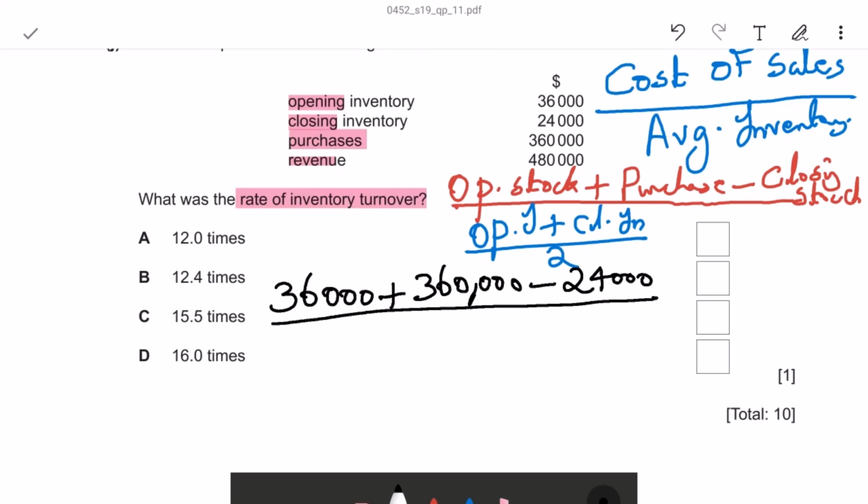That is opening plus closing inventory divided by 2: 36,000 plus 24,000 divided by 2.